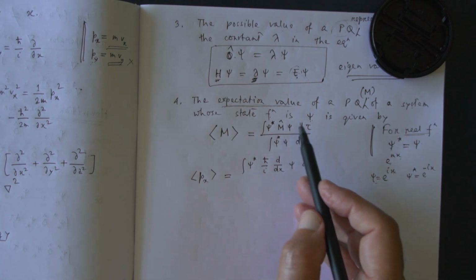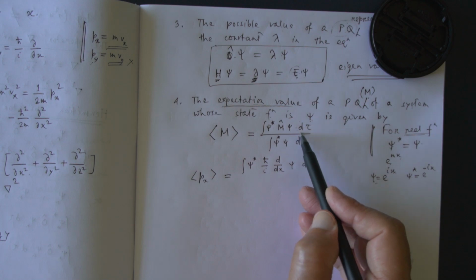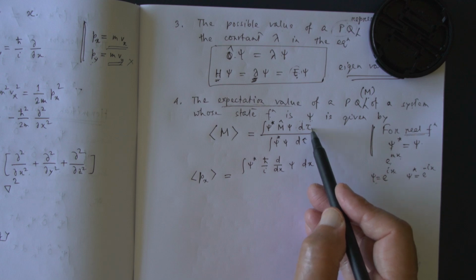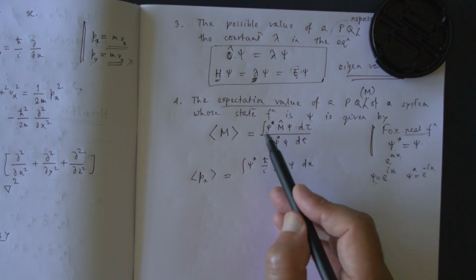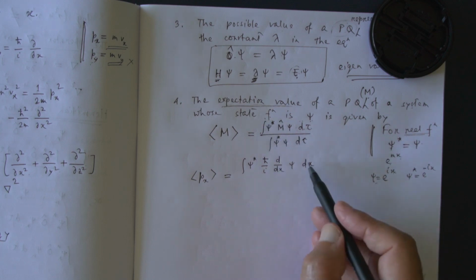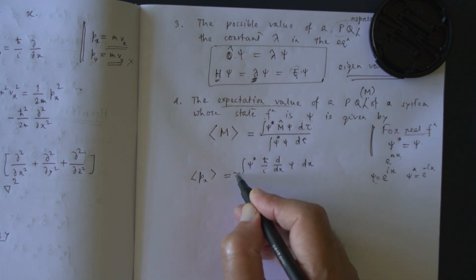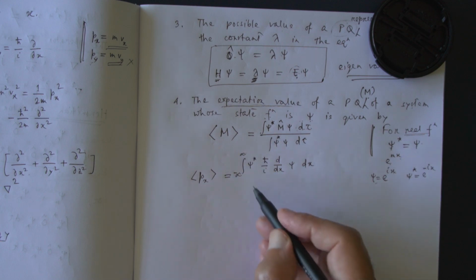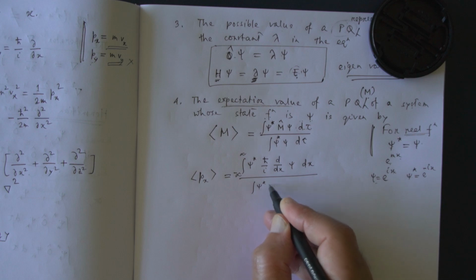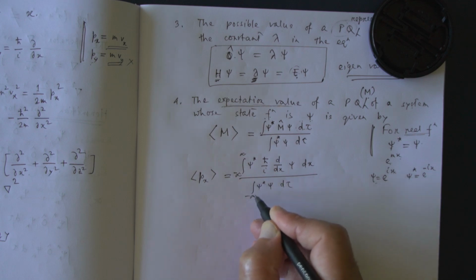Now you know, when I write d tau, it means dx into dy into dz, and at the same time it means minus infinity to plus infinity. But here I write the limits, psi star psi, minus infinity to plus infinity.